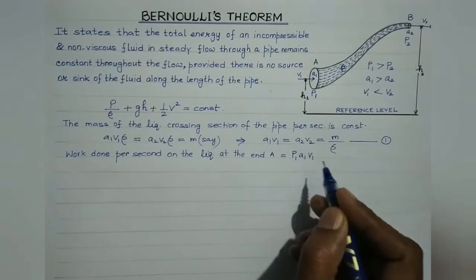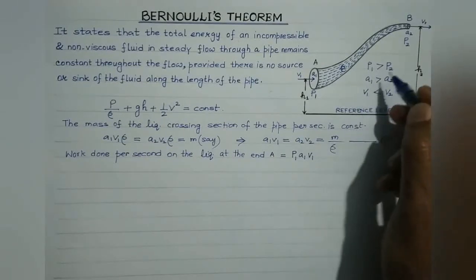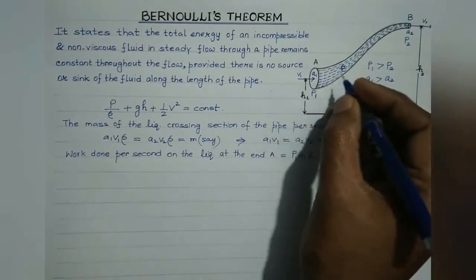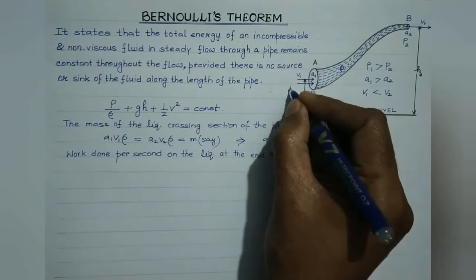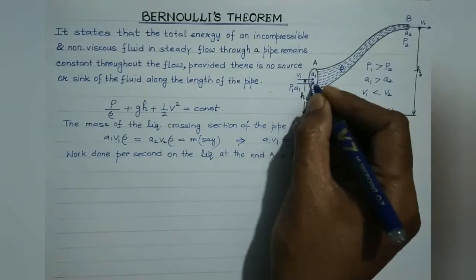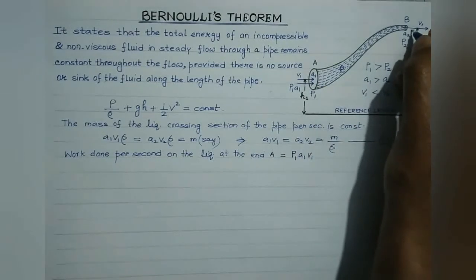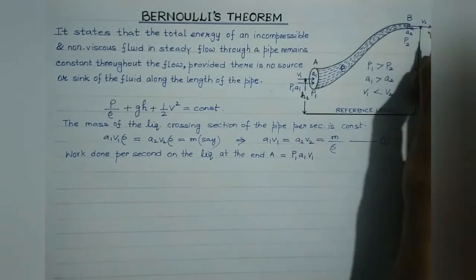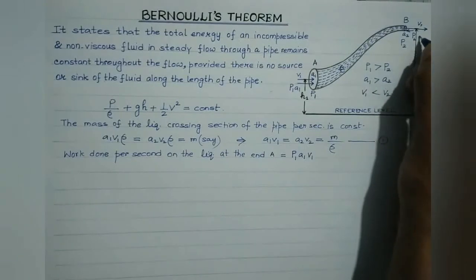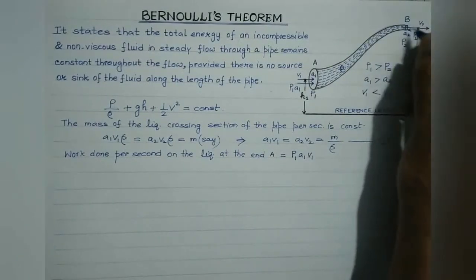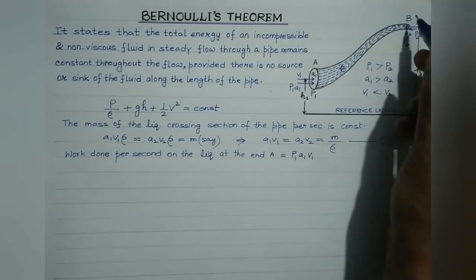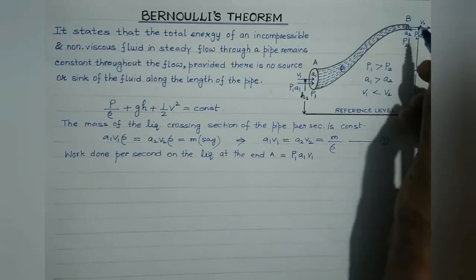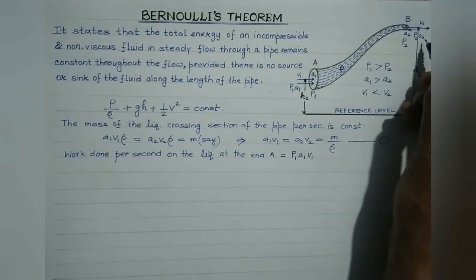Now the liquid reaches the end B against pressure P2. Here the force would be P1 A1 along this direction, and here the force would be P2 A2 in this direction. So the liquid reaches the end B against the pressure P2, that is, against a force P2 A2.